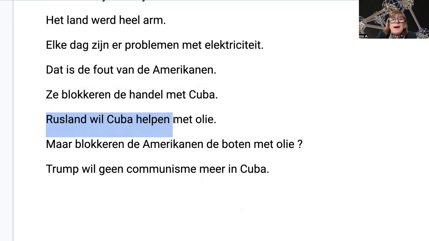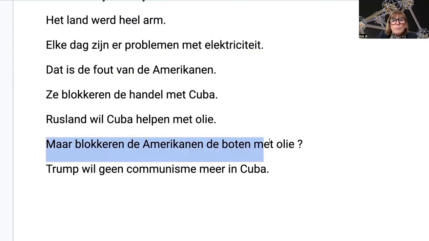Rusland wil Cuba helpen met olie. So Russia wants to help Cuba with oil. Maar blokkeren de Amerikanen de boten met olie? But do the Americans block the boats with oil?